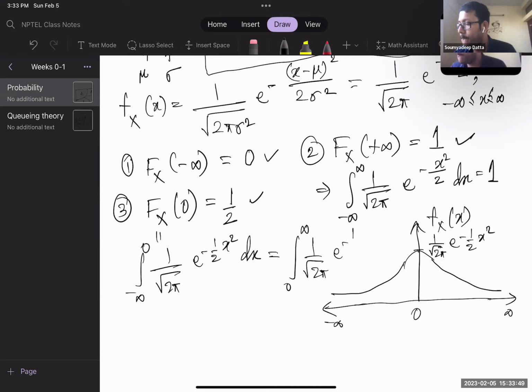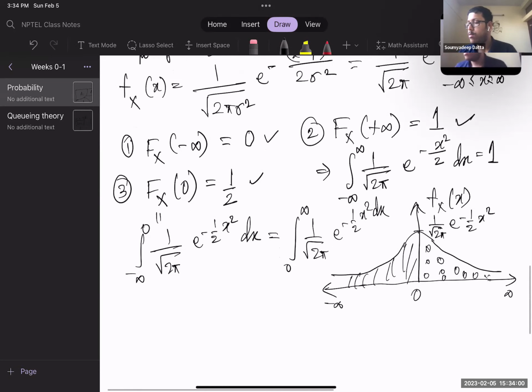Because just look at these areas, this area and this area, they have exactly the same area. Since these two quantities are equal, and we know that minus infinity to infinity is nothing but the union of minus infinity to 0 and 0 to infinity, you can ignore the singular points, it doesn't matter.